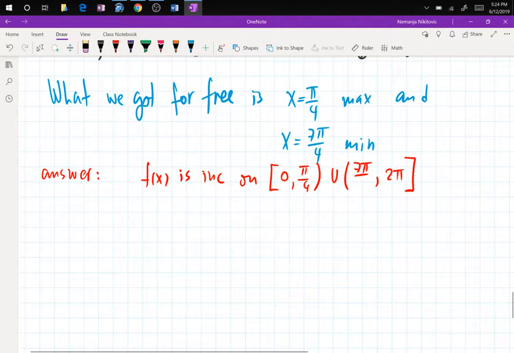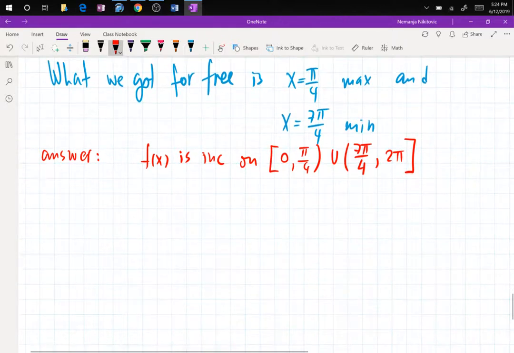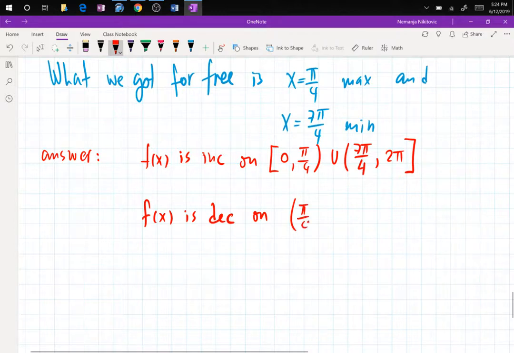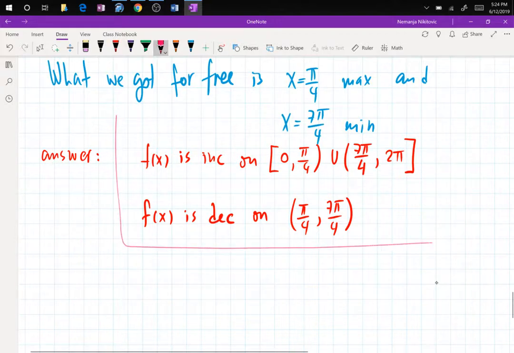And f of x is decreasing on pi over 4 to 7 pi over 4. That is your answer. And you also have min and max values for free, right? Got it.